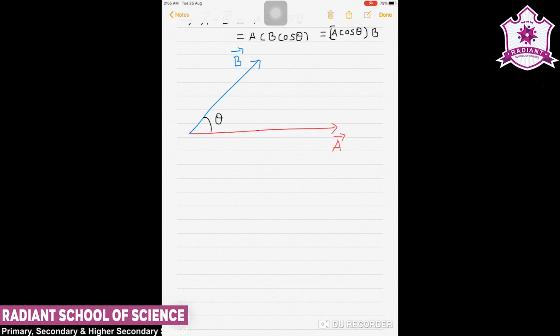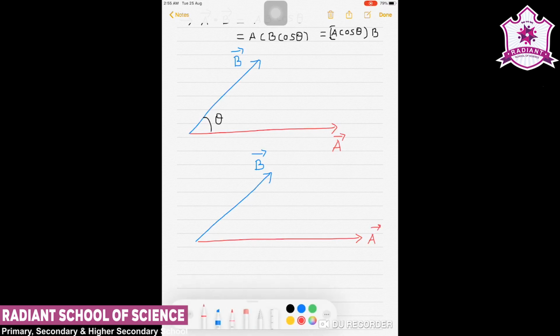That means if I take again vector B over here and vector A like this, as I have shown above. But what is the difference now?